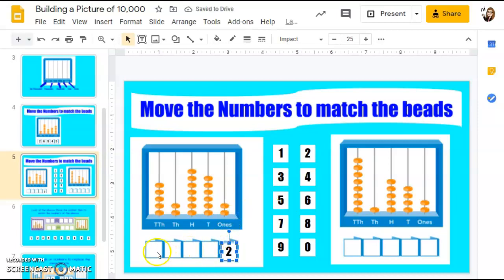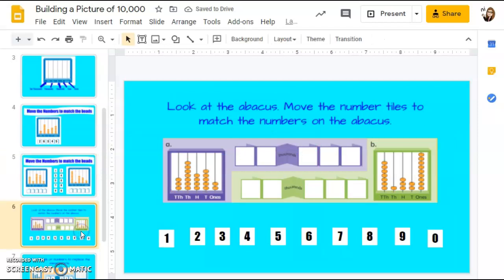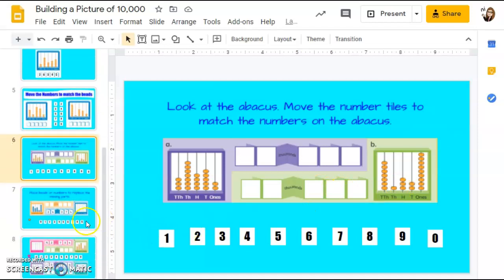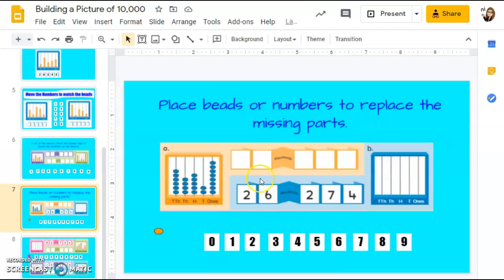And you would complete your number here. As you move along, you'll continue to match your beads to your place value. So always starting in the ones place, which is at the back. So as you see here, the purple will go to the purple abacus. The green will go to the green abacus. When you get further down, it will be your turn to put the beads on the abacus to match.